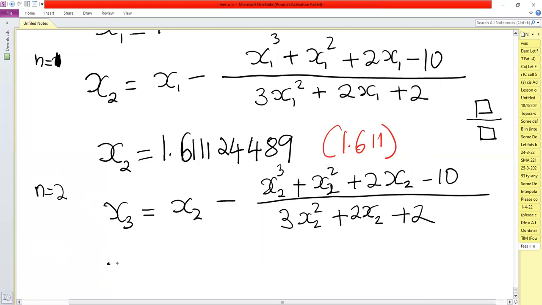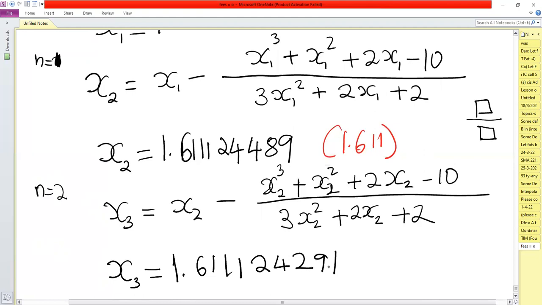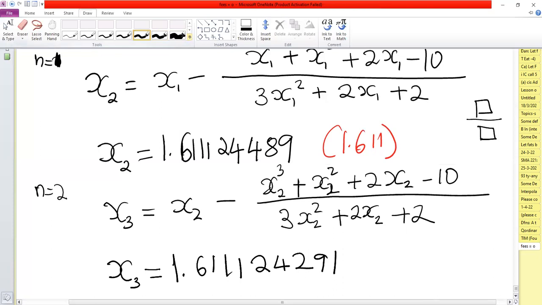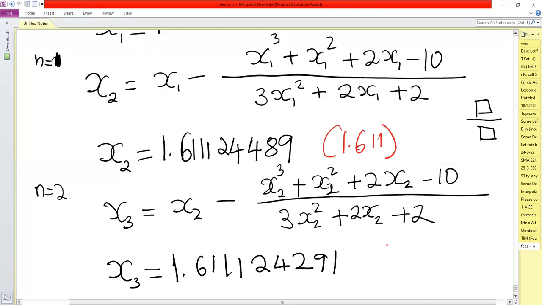If you follow those steps correctly, you'll get your x3 to be 1.611124291. Now this third iteration, if you round off to the stated accuracy of 4 significant figures, you get 1.611.